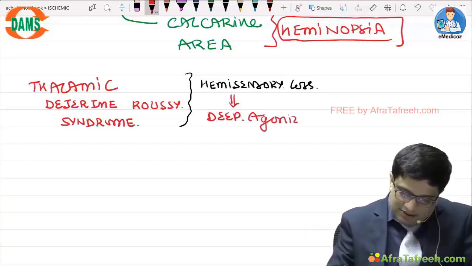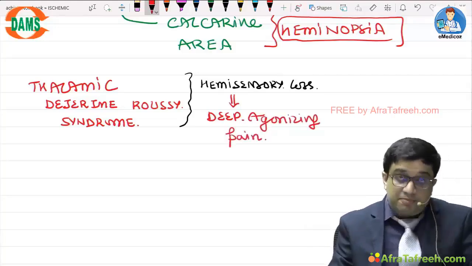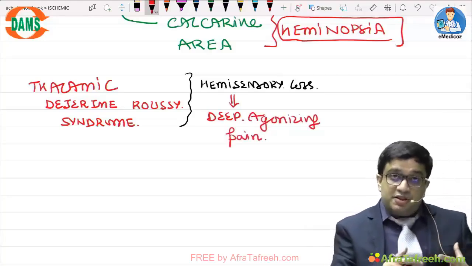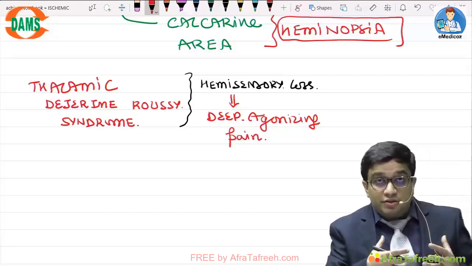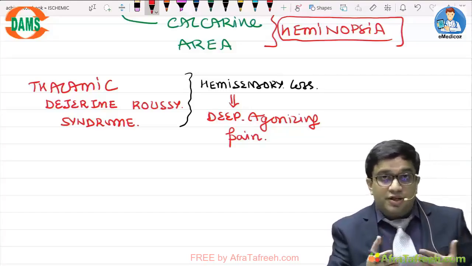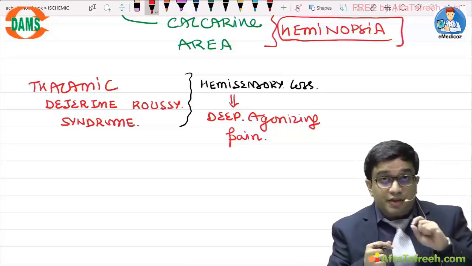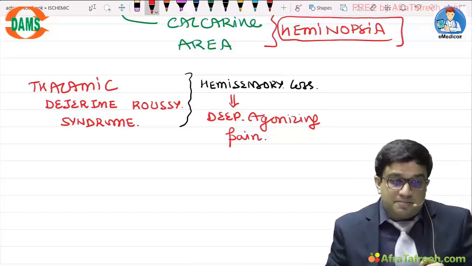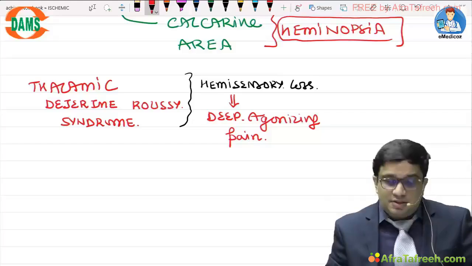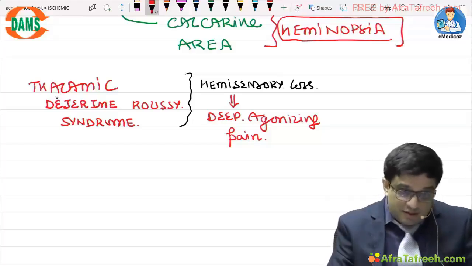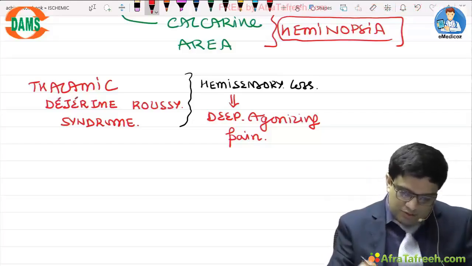This pain is very difficult to treat actually. So if a patient has come to me with PCA involvement in the lateral nucleus of thalamus, they are going to have hemisensory loss, and on recovery they might have a deep agonizing pain over there. That's known as the thalamic Gerain-Roussy syndrome. Okay.